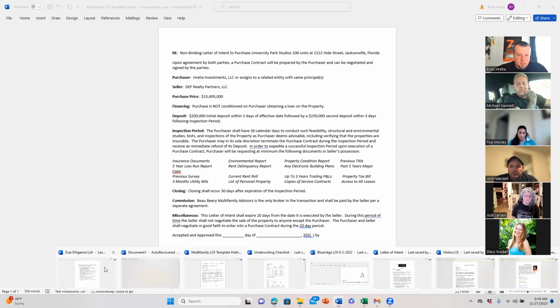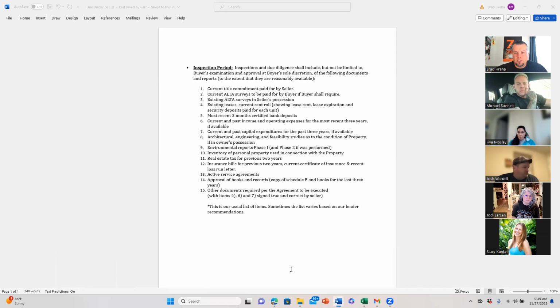So this is another detailed due diligence list. This is pulled out of the other PSA that we have, everything that we're going to be asking for. Normally they'll send you a Google Drive that everyone will have access to, and they dump all this in there, and then you can go through it. I've actually done some of these on my own. Like, I did a full lease audit on a property.